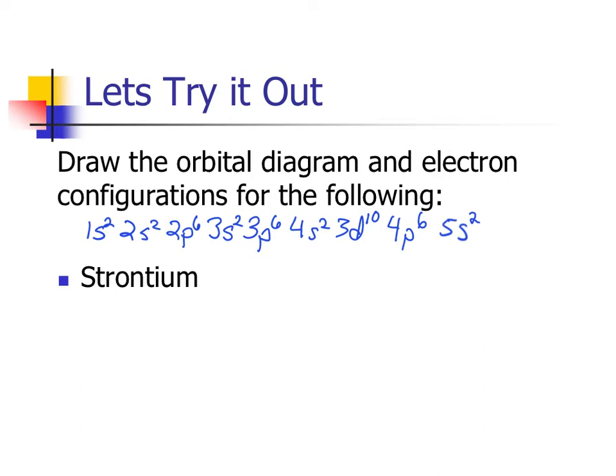You have to go to the one that is in the 4th row, and that would be krypton. Okay? You then put that in brackets.